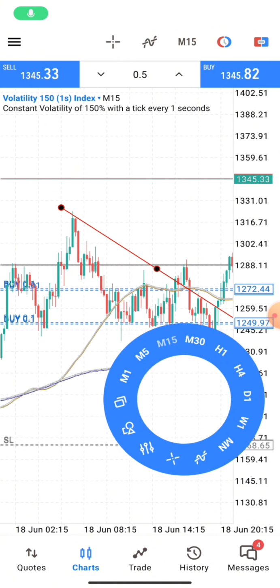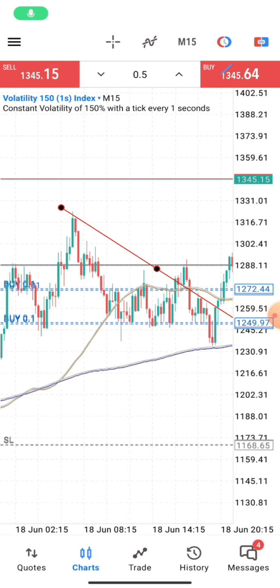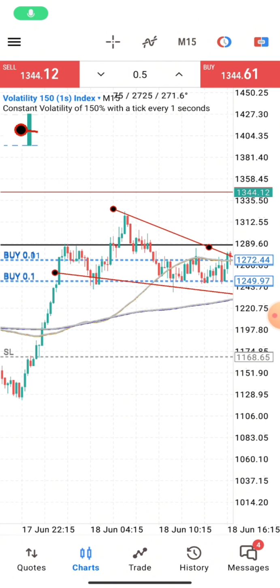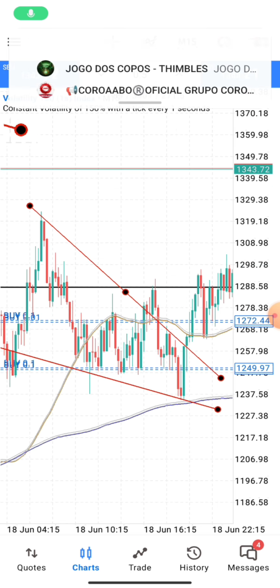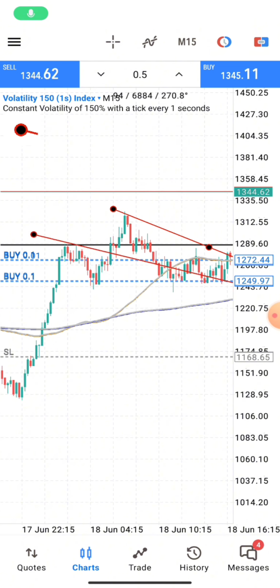Okay, so I'm trying to show you how this thing formed the first time before it started to make a buy. I will try to get the exact pattern that formed before these things happened, because I know that it formed a channel like this.